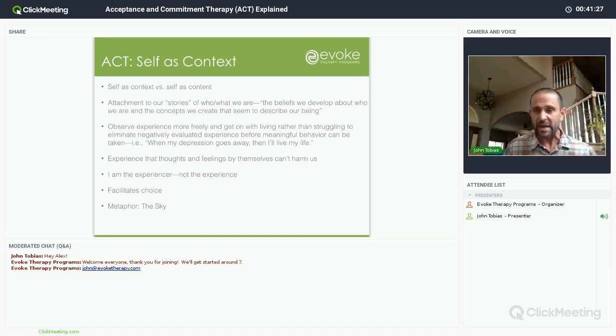But if you're relating to that internal experience in a flexible way, then no, that thought or feeling cannot harm you. It's only the behavior or lack thereof that you take on its behalf. That's where you get into trouble.